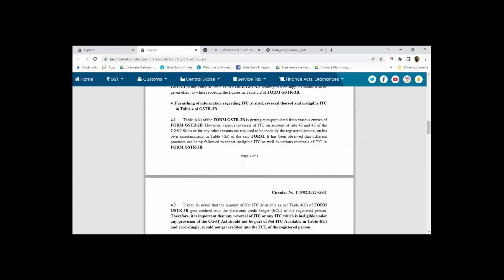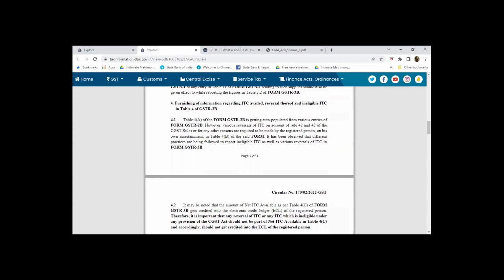Various reversal of ITC on account of Rule 42 and 43 of CGST rules or for any other reasons are required to be made by the registered persons on his own ascertainment. It is to be disclosed in table 4B of Form GSTR 3B.